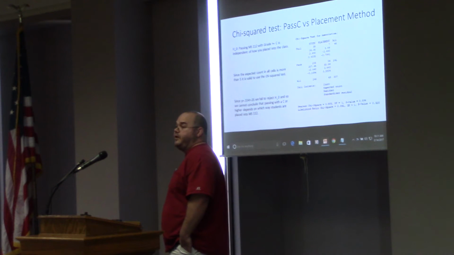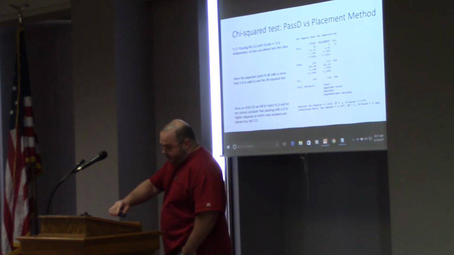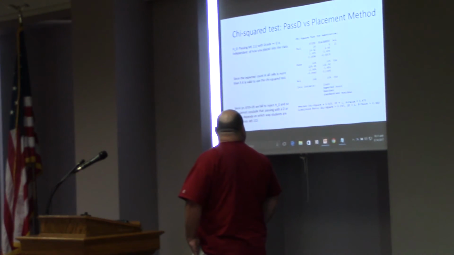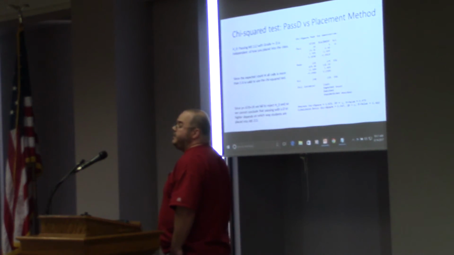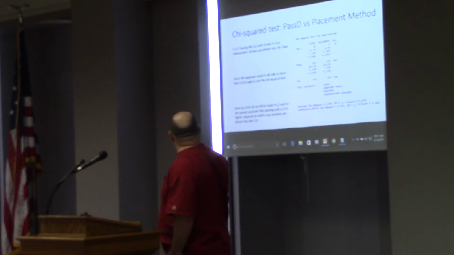We also did this with passing with a D, and found that the p-value is 0.46. So again, passing is independent of how you got there, through either the study path or the placement.